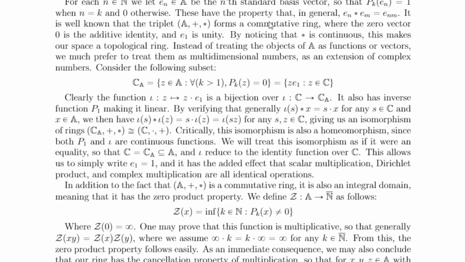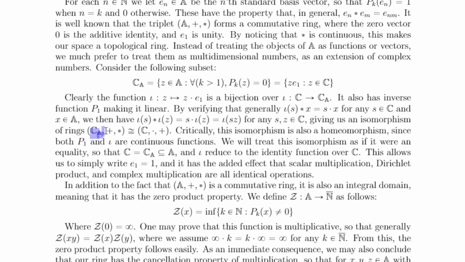Because this is a linear function, it's a bijection, and it has this isomorphism property for multiplication, that makes it an isomorphism between rings. So in fact, this inclusion map, z mapping to z times e1, from the complex numbers over to this set that we've defined, is an isomorphism.